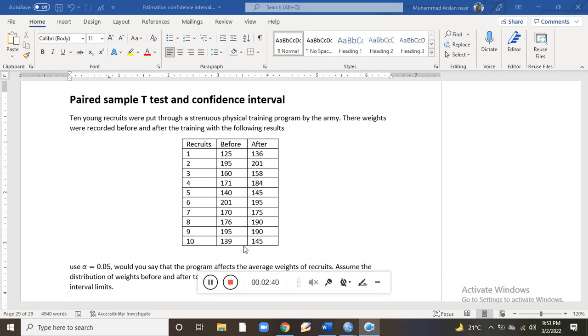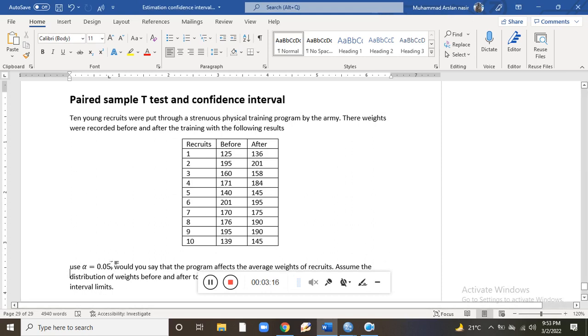Having a look at the data, it is observed that most of the recruits gained weight after the training, but in this case we have to apply a statistical technique which will tell us, on the basis of these data, whether the training of the recruits has an effect or no effect on the average weight of the recruits.